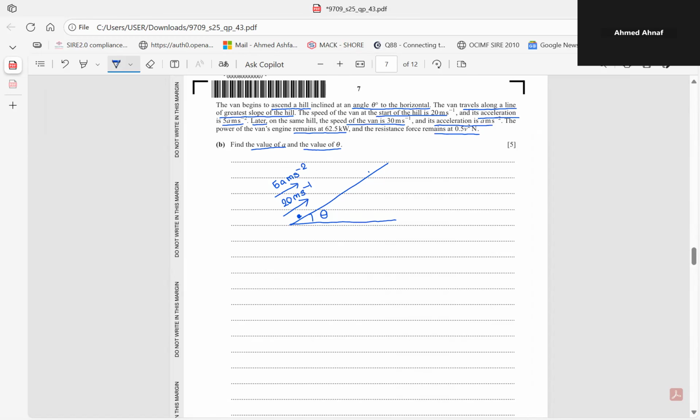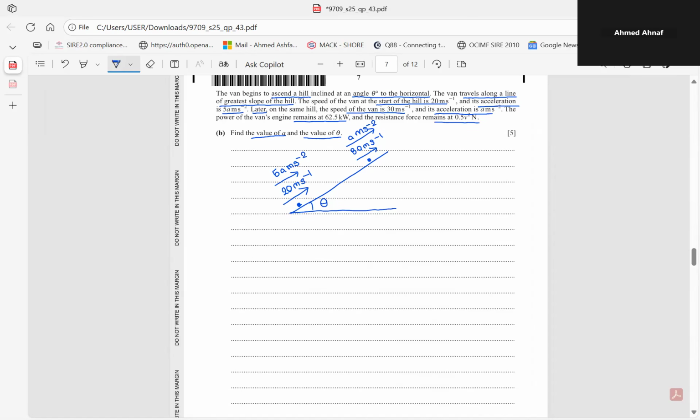Okay, and then later, the speed changes to 30 meters per second, and the acceleration is a meters per second squared. All right. So now we're going to consider the forces acting at the start and at the end. So let's consider the start first.